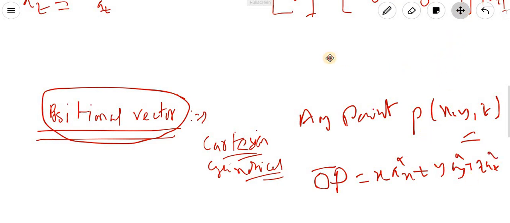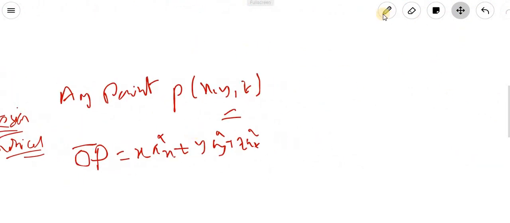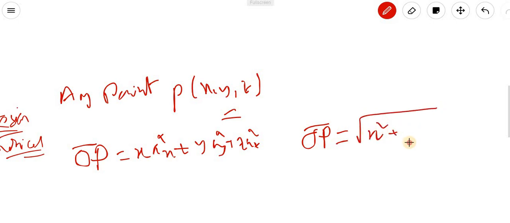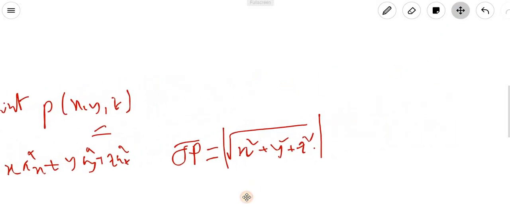Clear? From there we get the magnitude. The magnitude will be the square root of x square plus y square plus z square. This one is the magnitude.